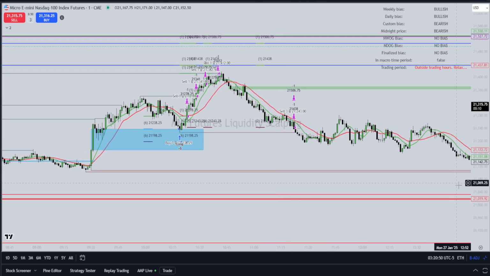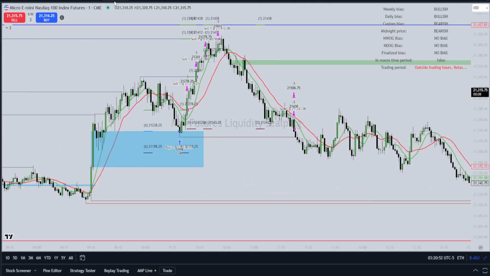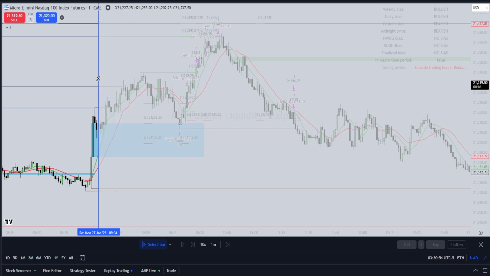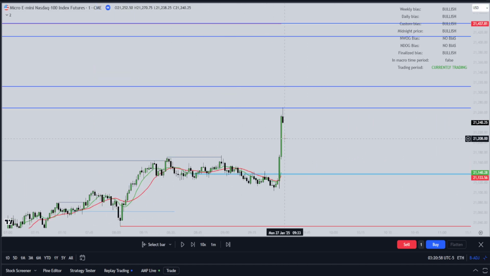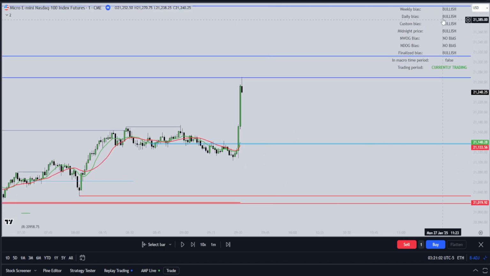But it is very nice to see that at 9:30 the opening candle is there, and you will see that our default settings say that the weekly, daily, custom and midnight opening price are all bullish. We are currently in our trading period sessions, so we should pay attention for signals that are being provided by the algorithm.